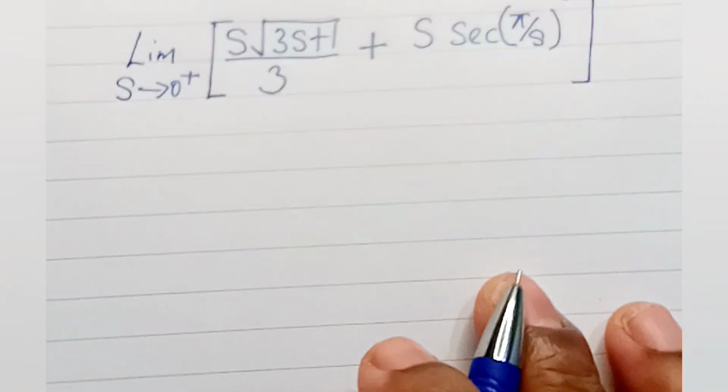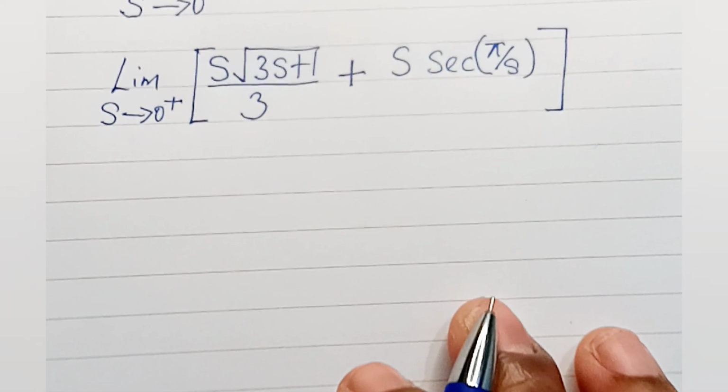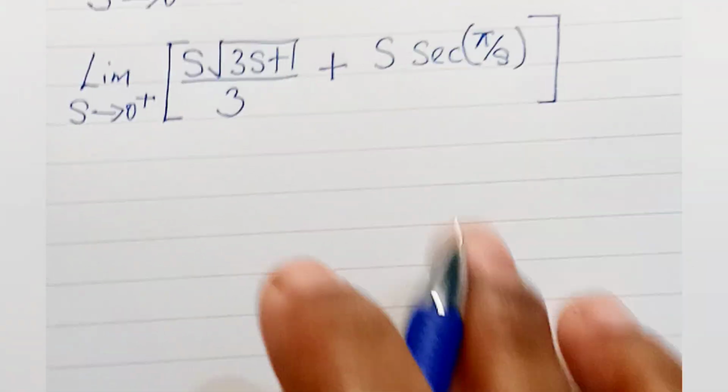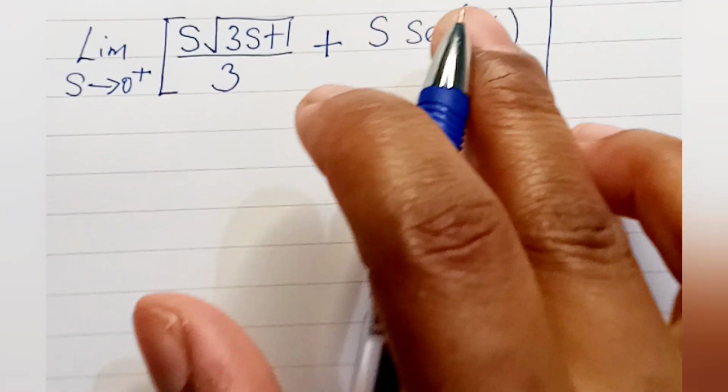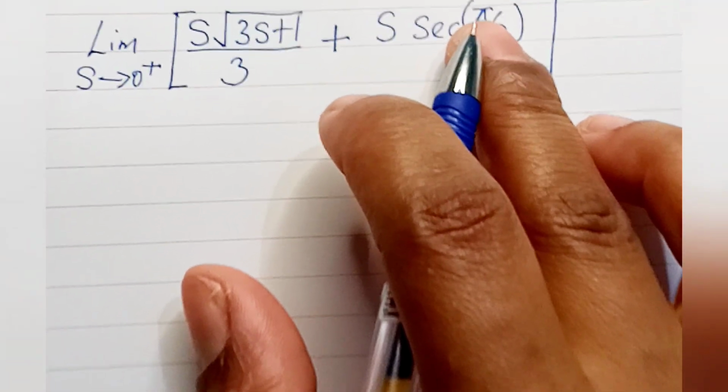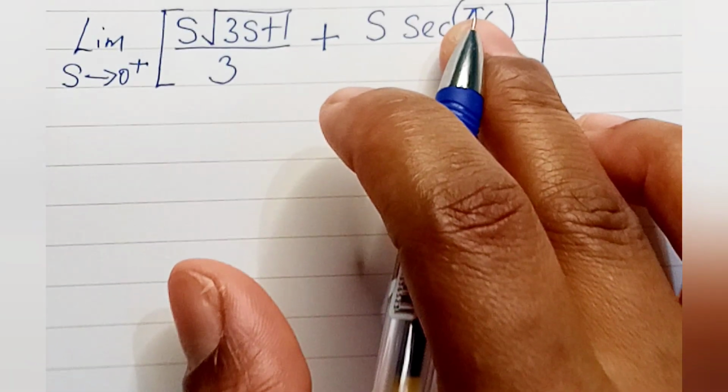Now, we have to evaluate each term separately. This is the first term and this is the second term. So we have to evaluate them separately.